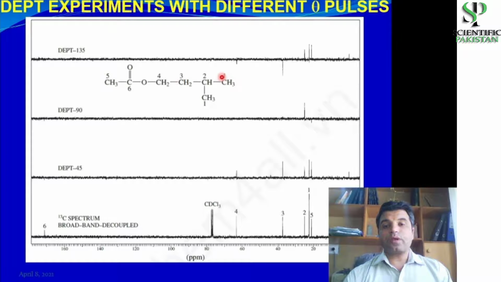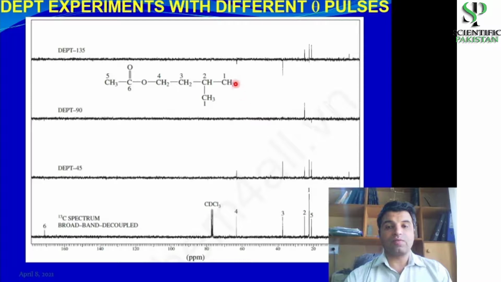The chemical environment of these two CH2s is the same, so they will have the same chemical shift value, as we have discussed for proton signals. So they will have only one signal and the rest are different, so they will have different signals. So you will see 6 signals for 6 different types of carbons.